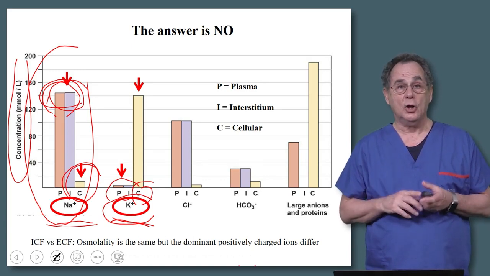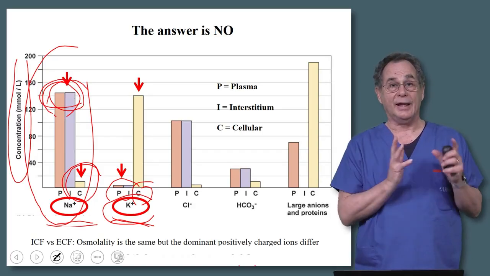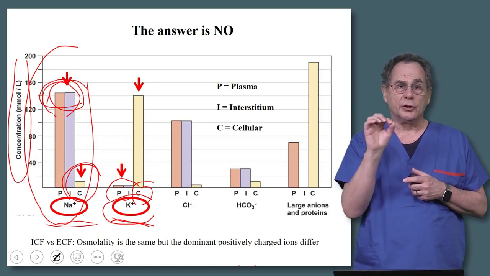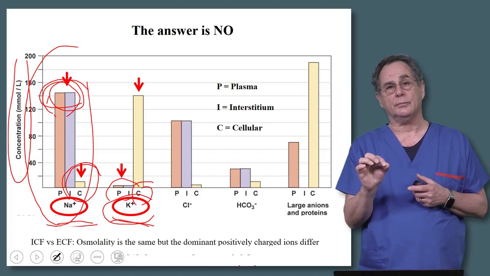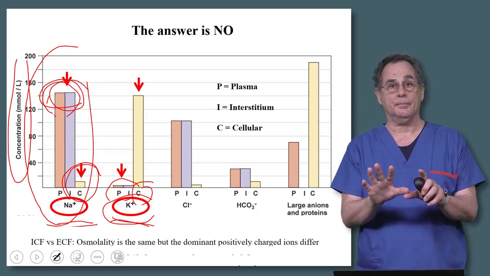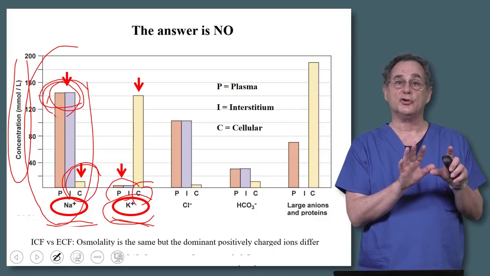So here we know that the osmolality is relatively equal outside and inside the cell. But the solutes that confer that osmolality are different. Inside the cell, predominantly potassium. Outside the cell, predominantly sodium.